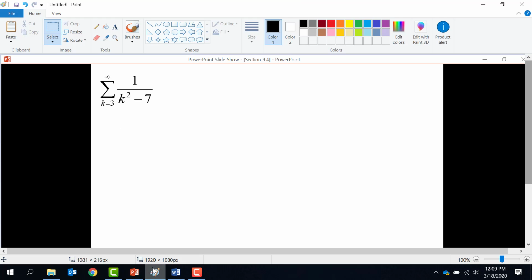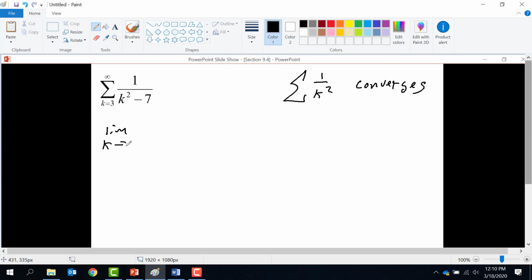But with the limit comparison test, we can do this a little quicker, with less effort. Again, we want to figure out what we're going to compare it to, and we just dump the 7, and we're going to compare it to 1 over k squared. Now this is a p series with p being bigger than 1, so this converges.